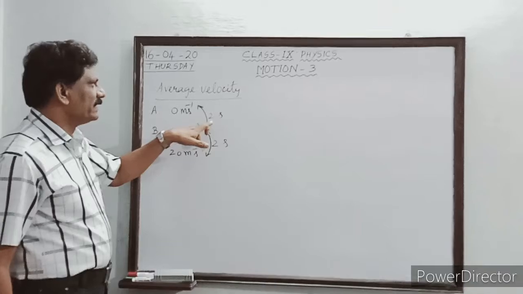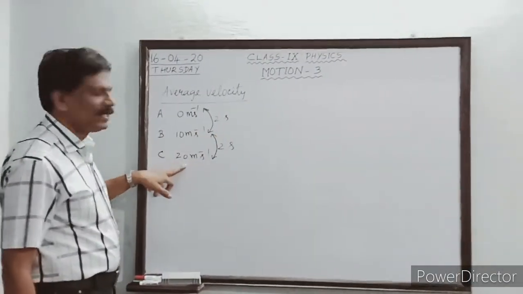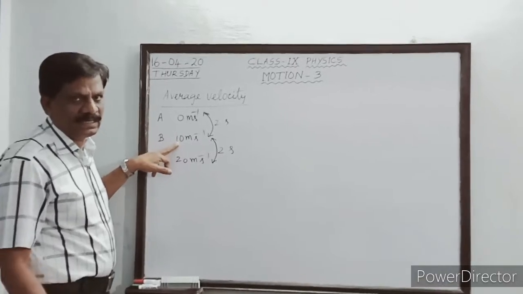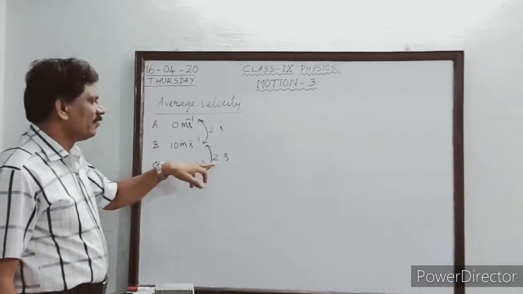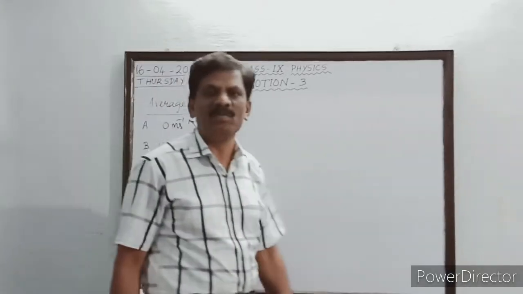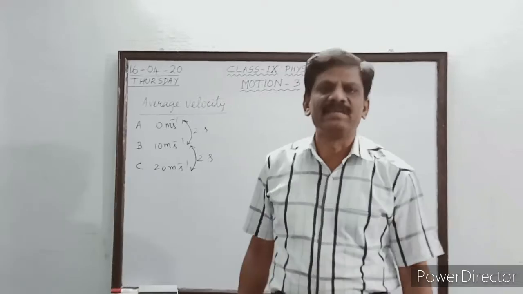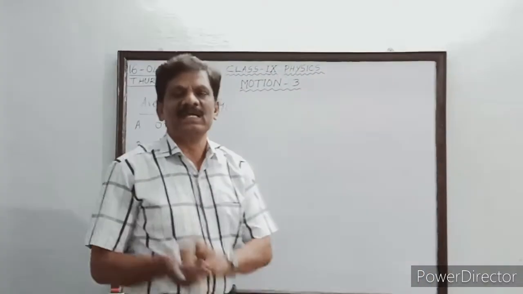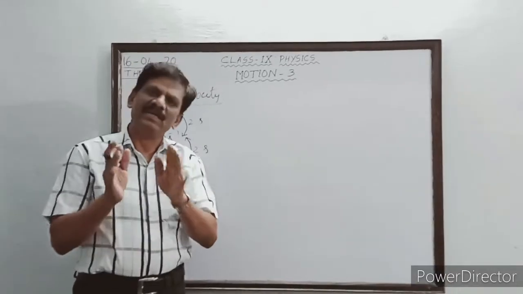The change in velocity has taken place in 2 seconds. Similarly, 20 minus 10 is also 10. The change in velocity is 10 meters per second. And for this also, how much time has it covered? 2 seconds only.